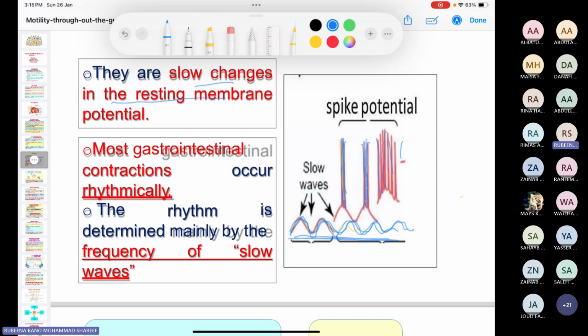And these slow waves, which I am saying again and again occur continuously all the time in the GI wall, are due to the pacemaker.